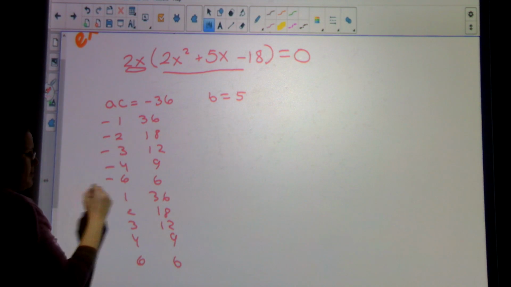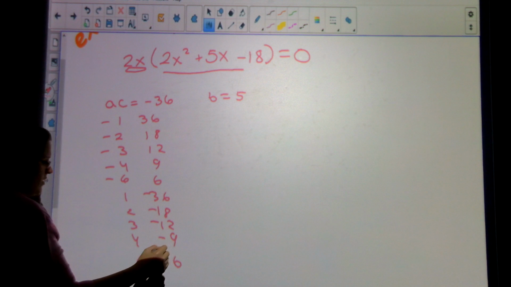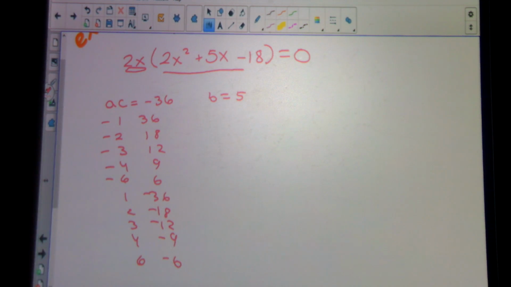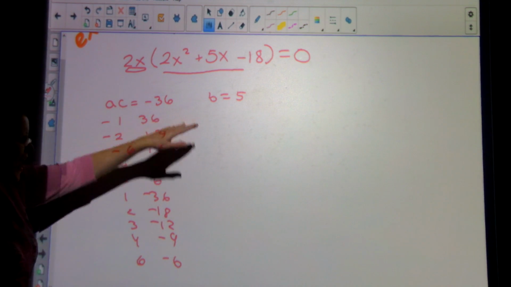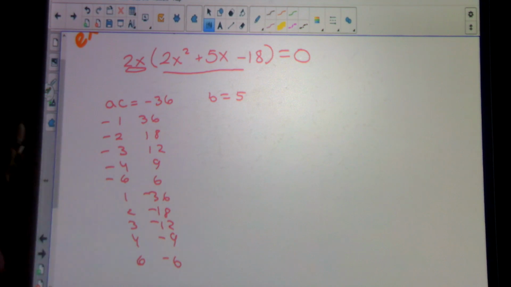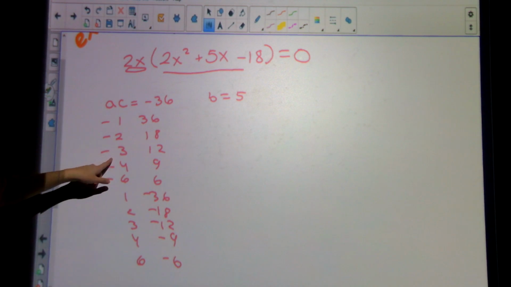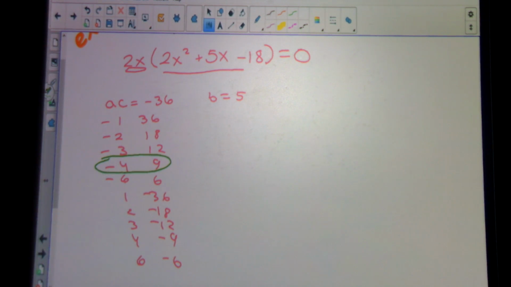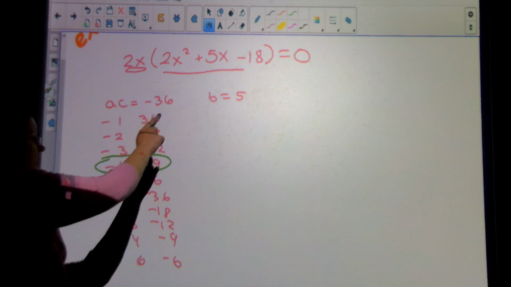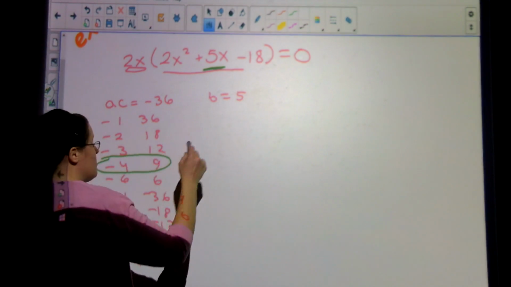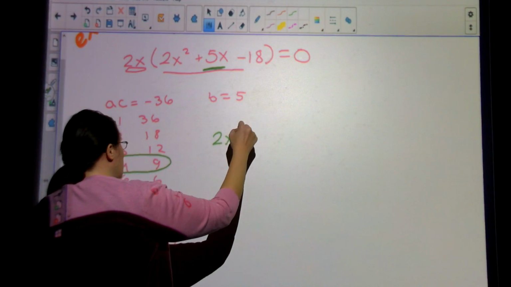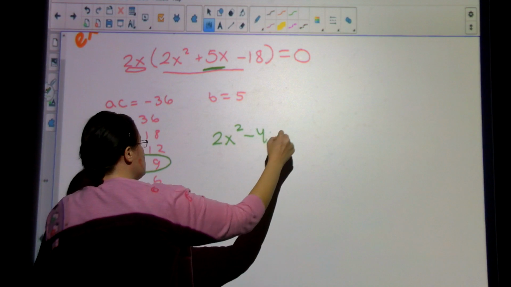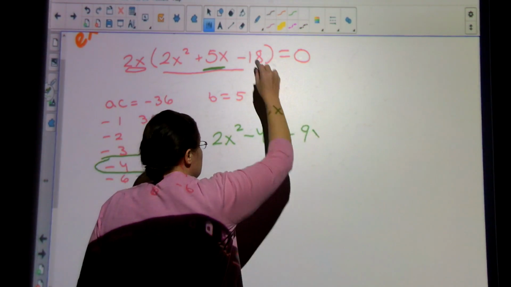So I could have the first number negative or the second number negative. But either way, which ones add to be positive 5? It's right here. Negative 4 and 9. That would be positive 5. So I'm going to replace that positive 5 with my 2 numbers. So 2x squared minus 4x plus 9x minus 18.